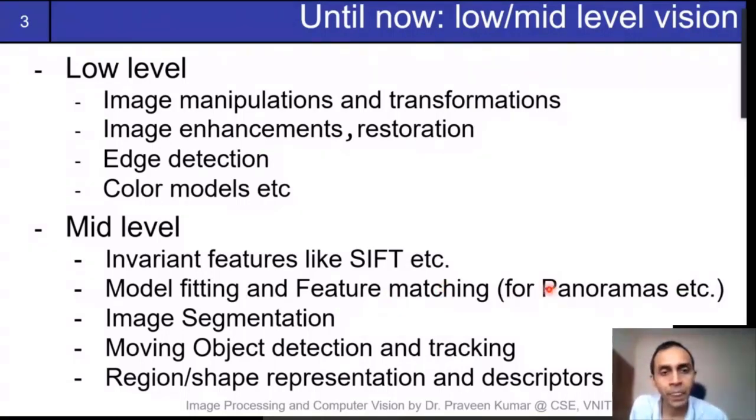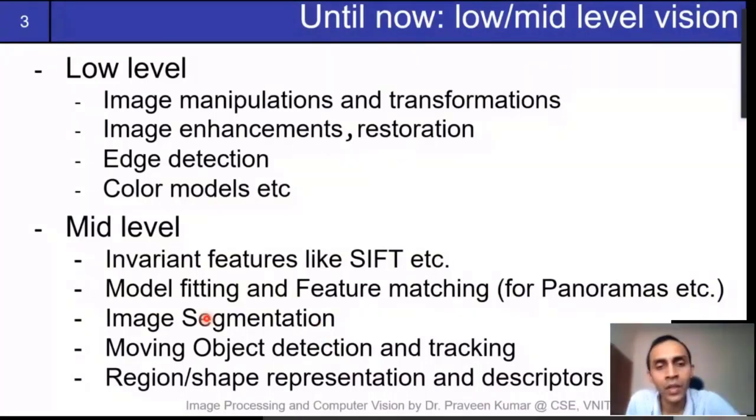We moved on to image segmentation, which can also be categorized as a high-level topic. We discussed simple clustering techniques and other methods for segmenting out regions, and moving object detection using background subtraction and tracking.